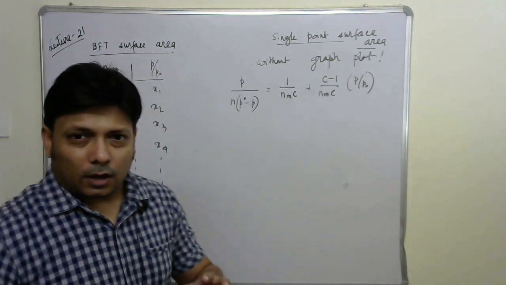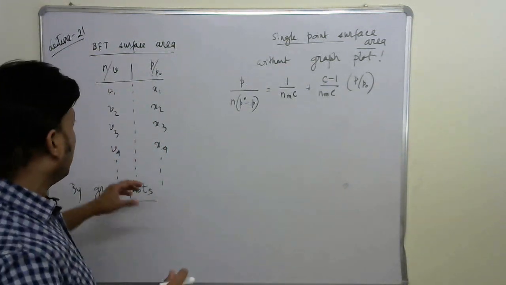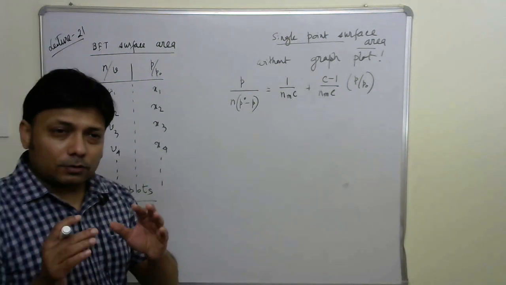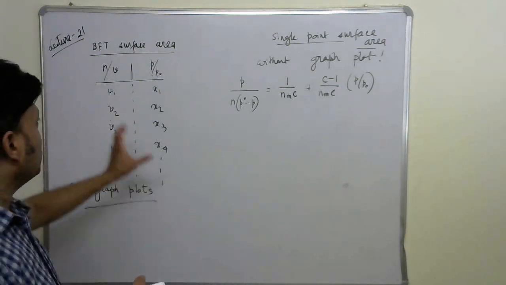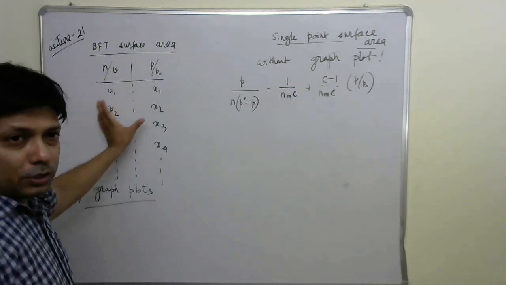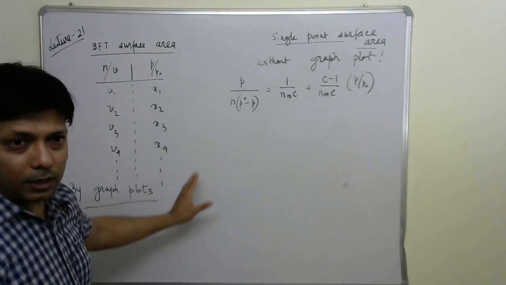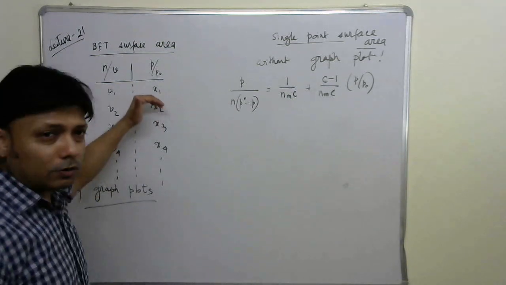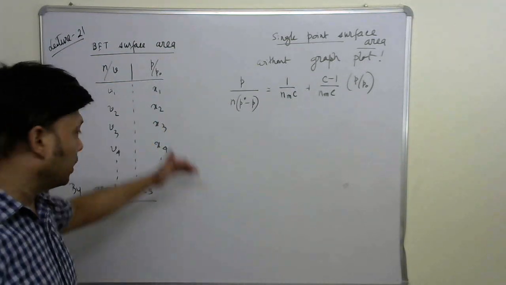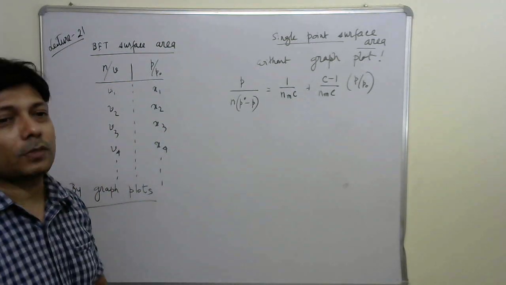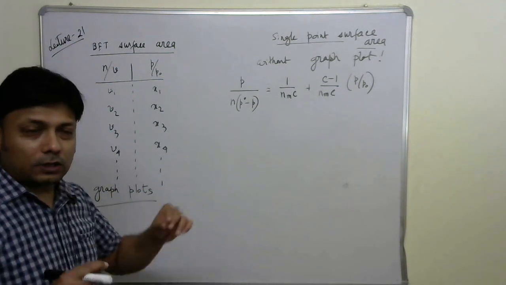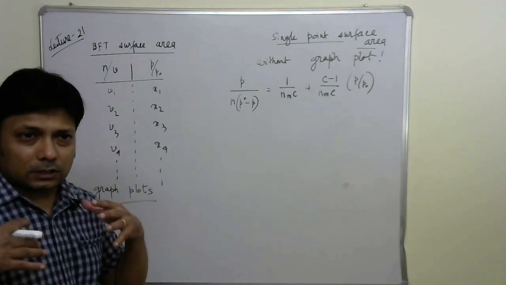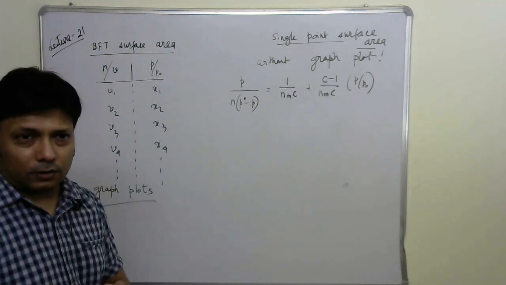As I told you earlier, if you perform an adsorption experiment, the equipment gives you a set of volume adsorbed versus P over P0 data like this: V1, V2, V3, etc., and P by P0 data, X1, X2, X3, etc. It's our job to interpret this data and fit it to a particular equation to get the surface information.